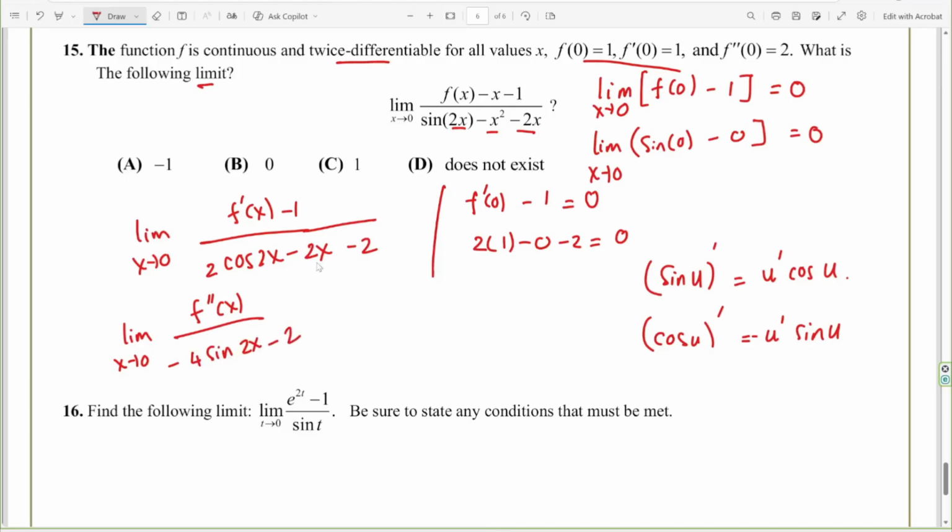Minus 2 for this one, right? This one equals 0, right? Now substitute 0 for s, so we have f double prime of 0 on top, and for the bottom, we have negative 4 times 0 equals 0 because sine of 0 equals 0. So negative 2 right here. So the answer is negative 1. The answer must be A.